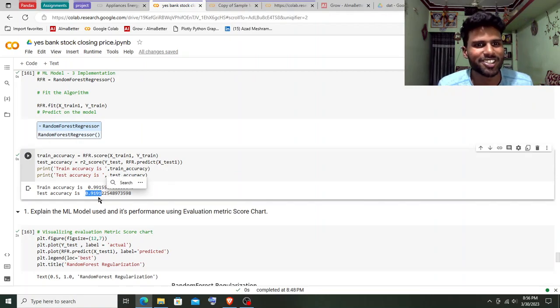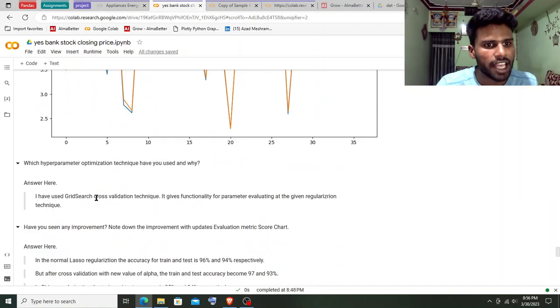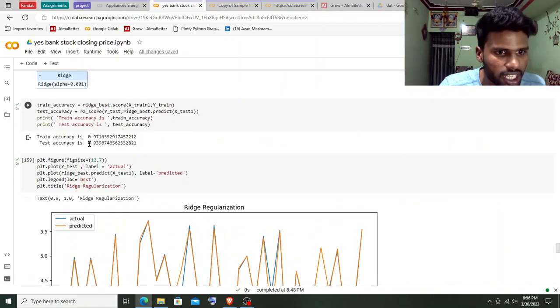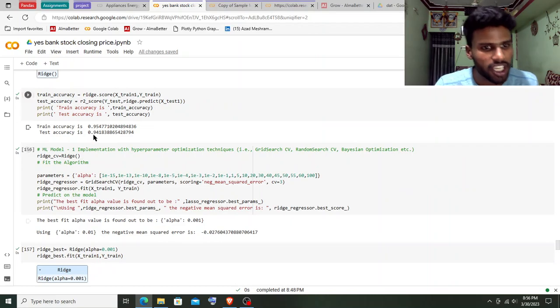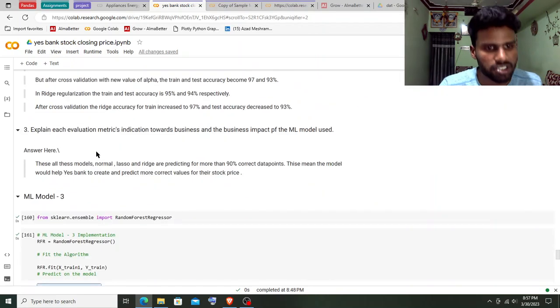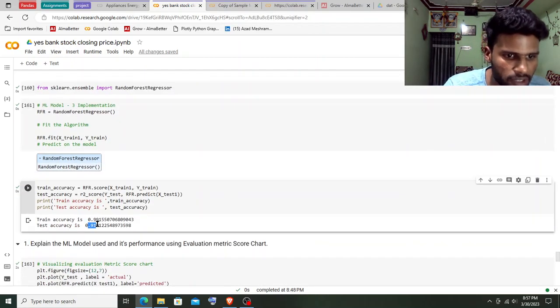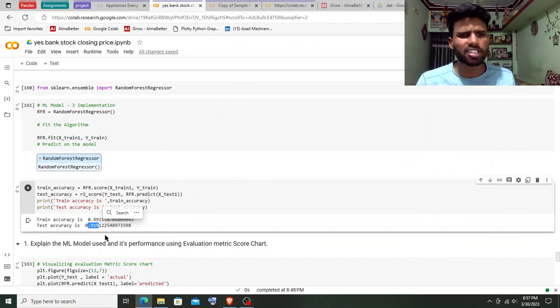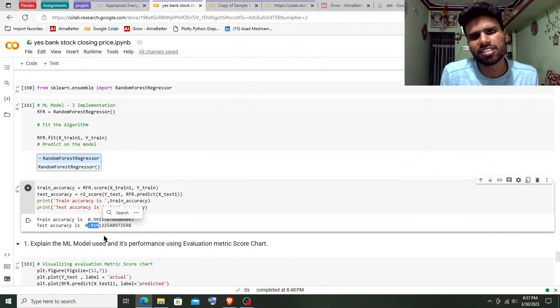So we could see here that ridge regression is showing higher accuracy, which is 94%. Without tuning it was 94%, and random forest regressor is showing 91%. So it is very obvious. At last we could consider ridge regression as our final model.